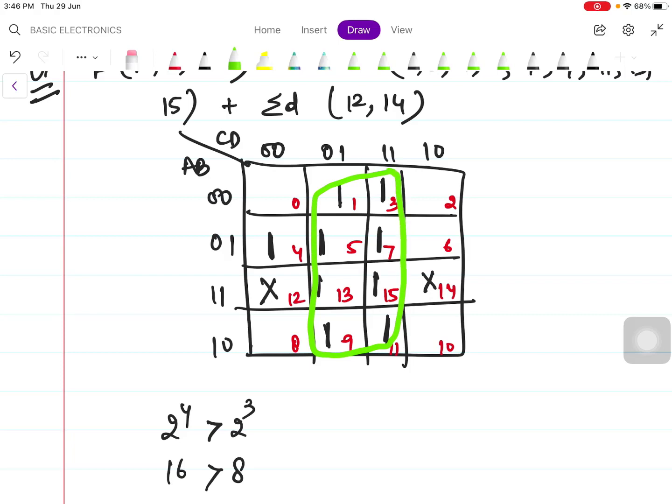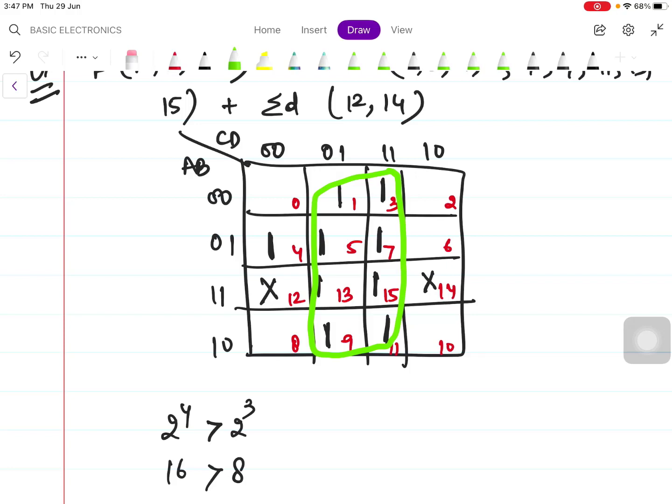Now we only have to bother about the one lying in block number 4, because it is outside the group. If we did not have a don't care condition in block number 12, then 4 could have been combined only with block number 5 in a group of 2.